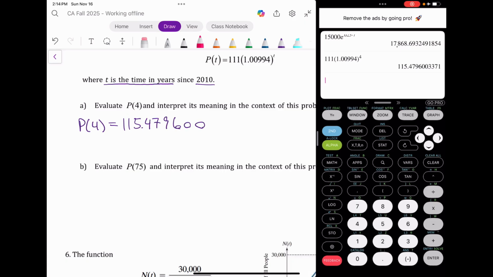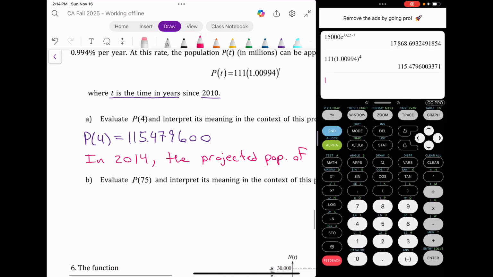So in 2014, the projected population of Mexico is 115,479,600 people.